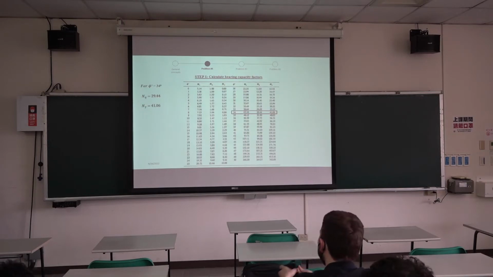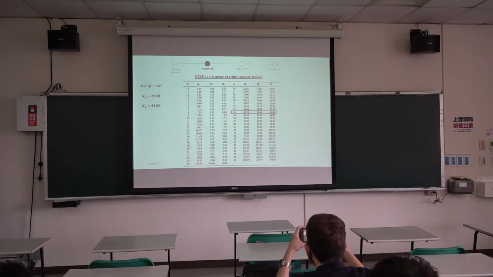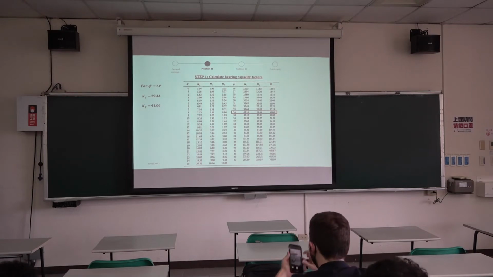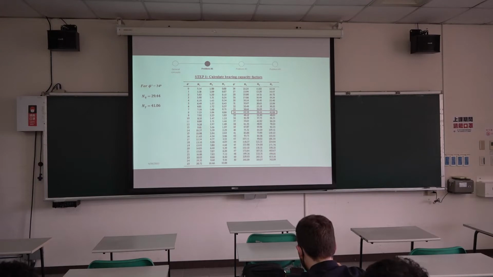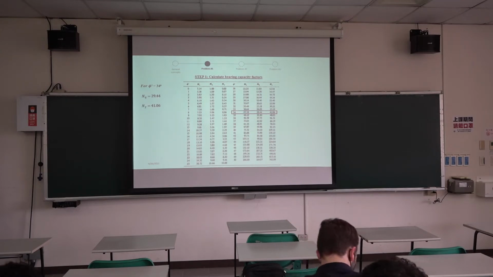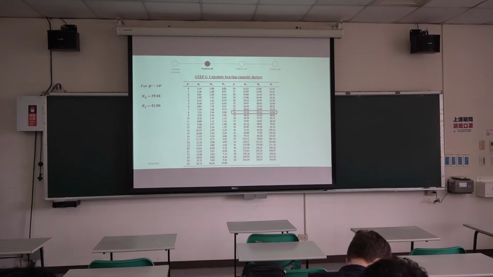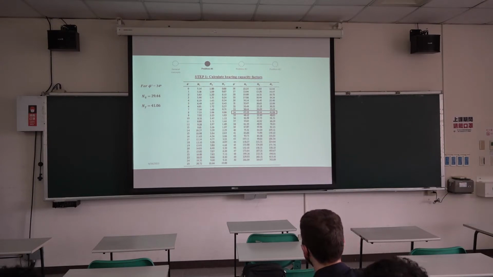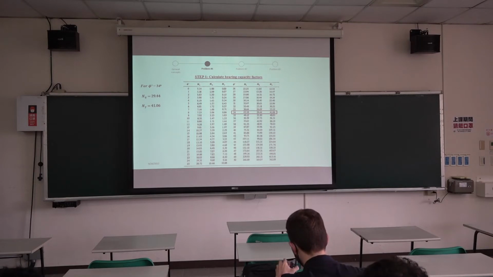Right, so the first step is to get the bearing capacity factors. As I mentioned, because this is a modified form, the bearing capacity factors will be different. I've displayed the bearing capacity factors that we're going to use for this problem. The main factors that we are concerned with are Nq and N gamma.